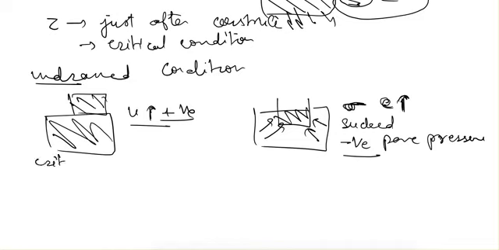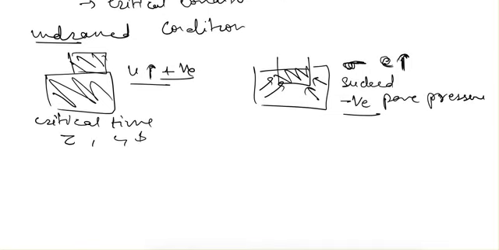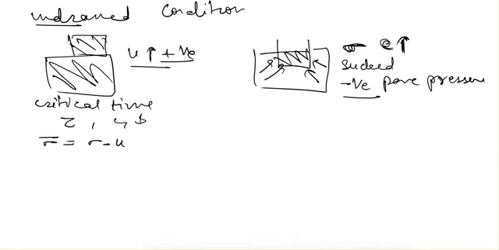So what will be the critical time to find out the shear strength and shear strength parameters? If positive pore water pressure is there, then we know that effective stress is given as total stress minus pore water pressure. It means that when we have completed this construction, at that point pore water pressure will be maximum and effective stress will be minimum.